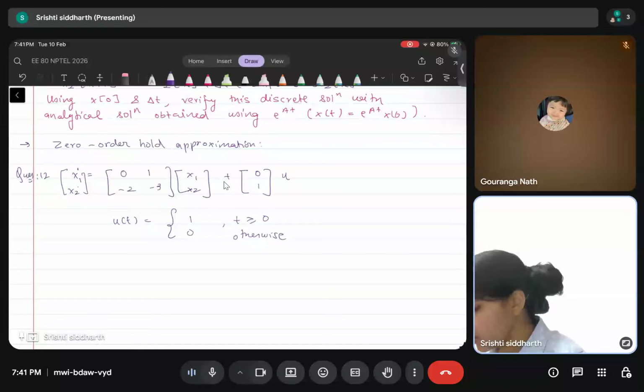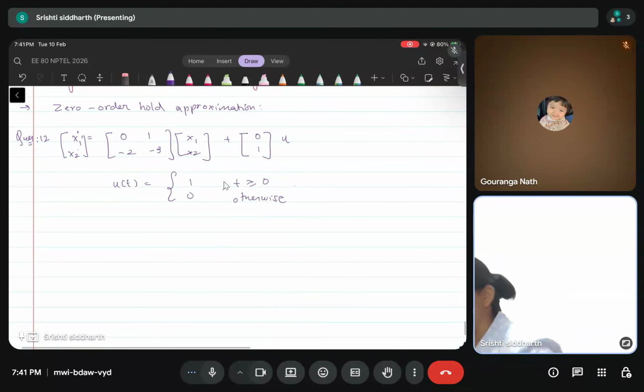So let's see how we can compute the solution using zero order approximation.